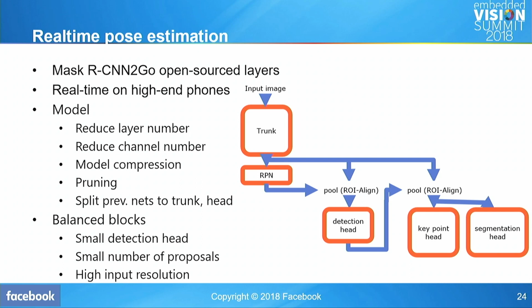We described open sourcing this. It runs in real time on high-end phones. The network itself, like MobileNet or any very efficient mobile network, can be split into different parts: a trunk, key point and segmentation heads, and a detection head.